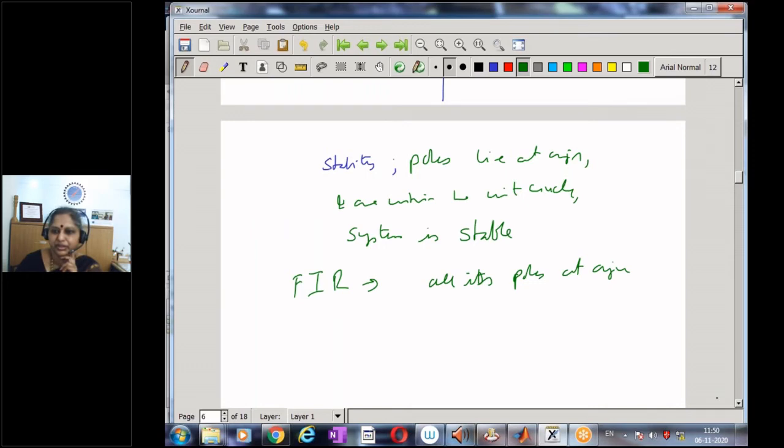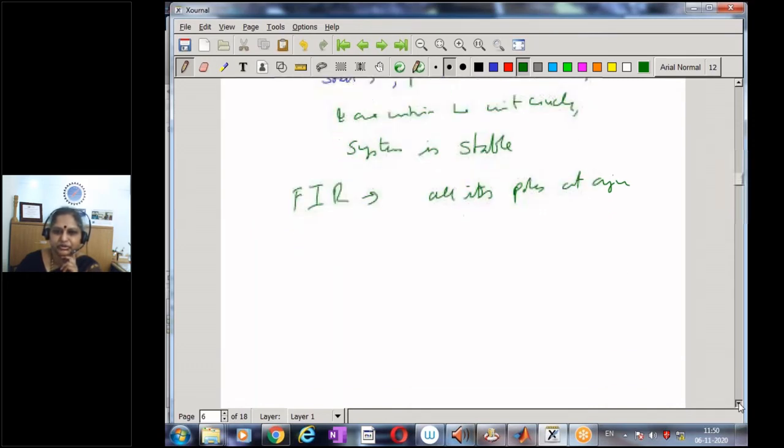So moving further, let's represent the system by the frequency response. We have seen the pole zero plot, the fifth method of representing the system. The frequency response, say H of omega, is nothing but H of z evaluated at z equal to e to the power of j omega.